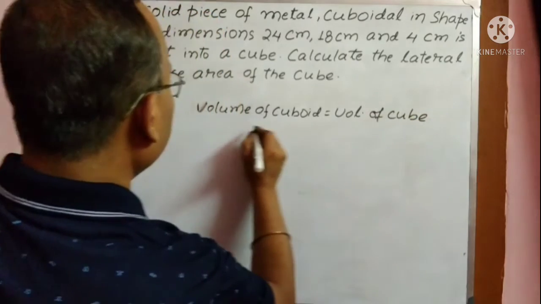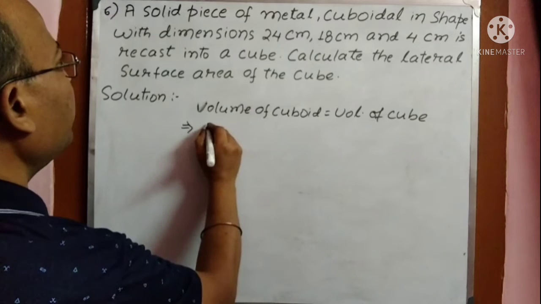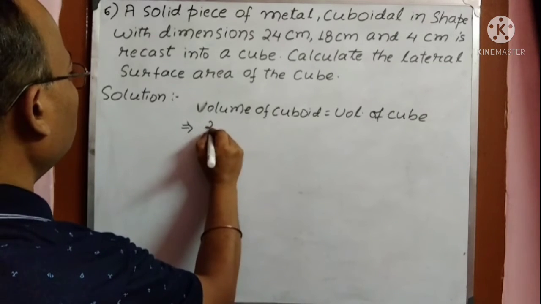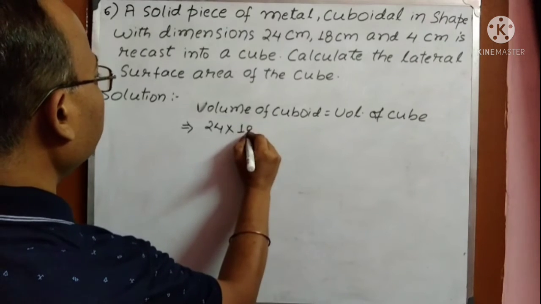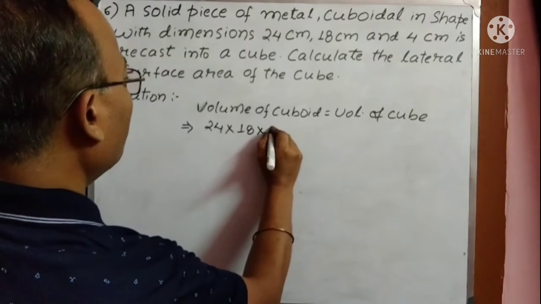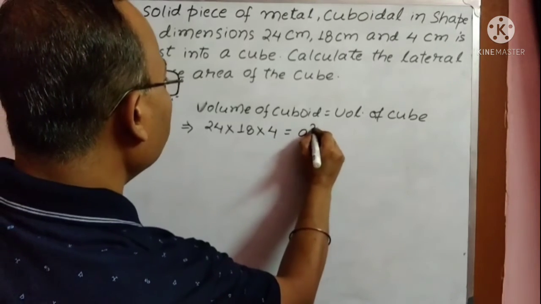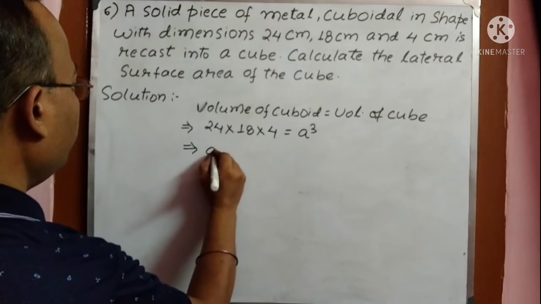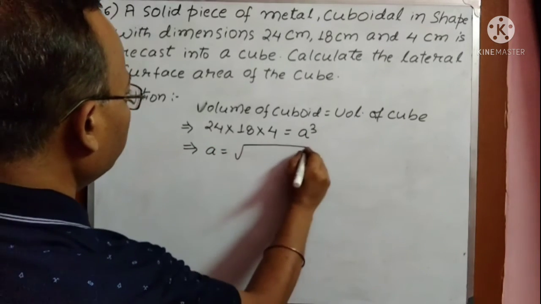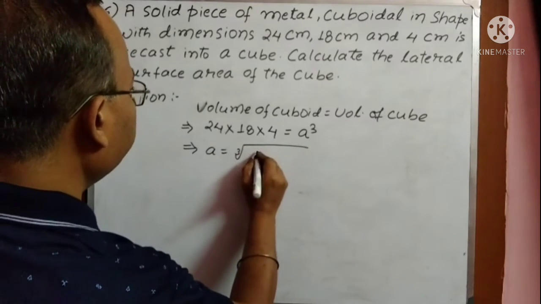Clear? So volume of cuboid is length into breadth into height. So it will be 24 into 18 into 4, and volume of cube is A cube. Clear? So your A will be cube root of 24 into 18 into 4.